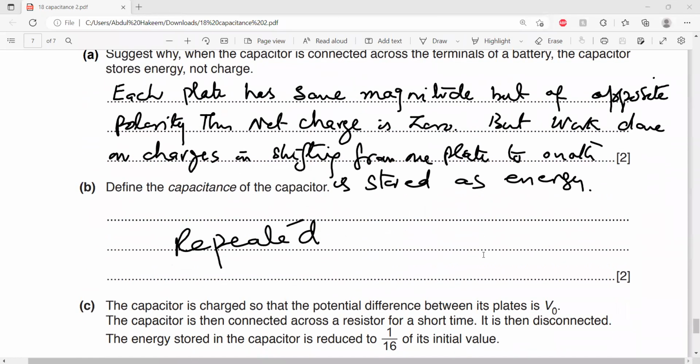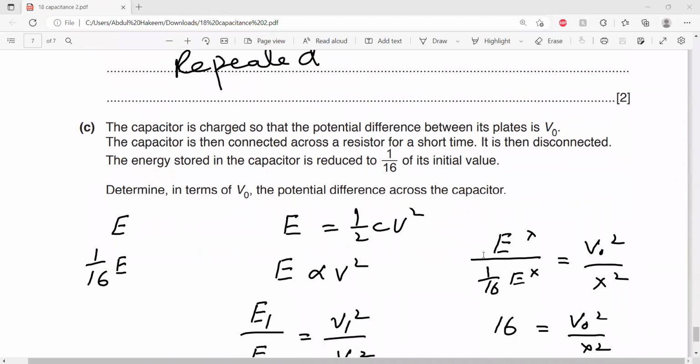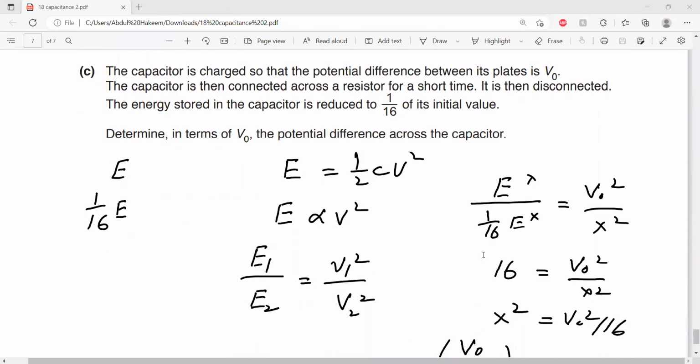Next, define capacitance. We have done it. It's the ratio between the charge on one plate of the capacitor and the potential difference between both plates of the capacitor. And the next: the capacitor is charged so that the potential difference is V0. This is the original. The capacitor is then connected across a resistor for a short time, meaning for discharging.